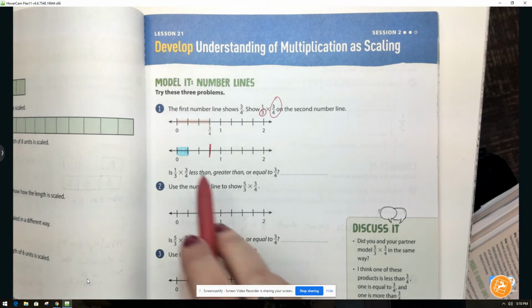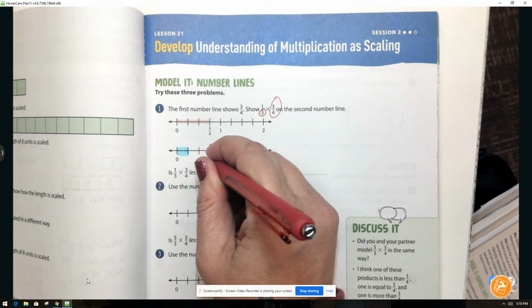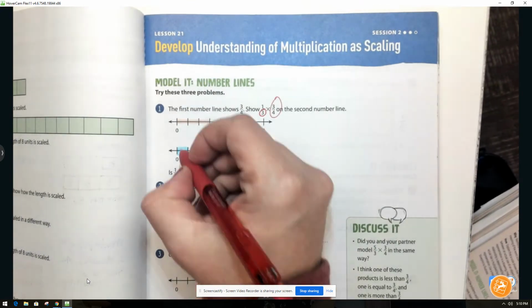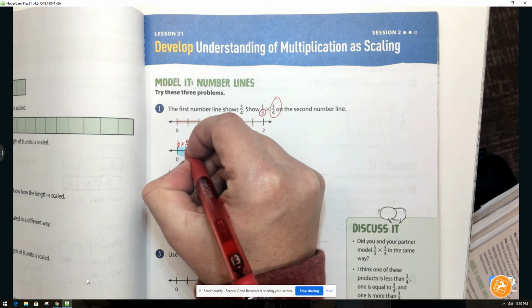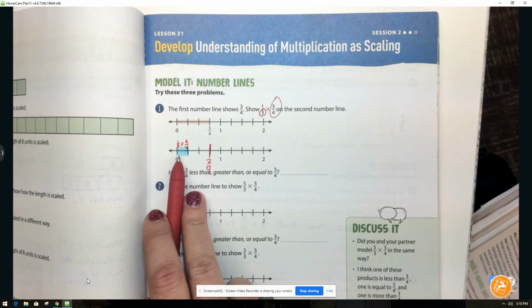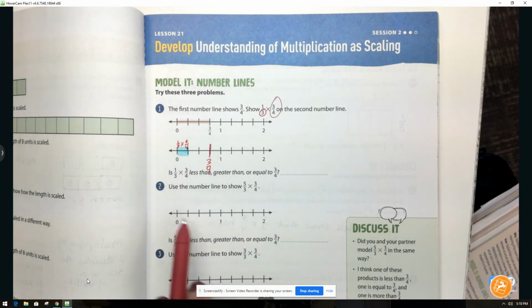Now, that does not mean that the value of this is 1/3. It just means that it's 1/3 of 3/4. So this is what is 1/3 times 3/4. So now, we don't need to solve it. We don't even need to know what the answer is. We're simply looking at the red line here and the blue line here.